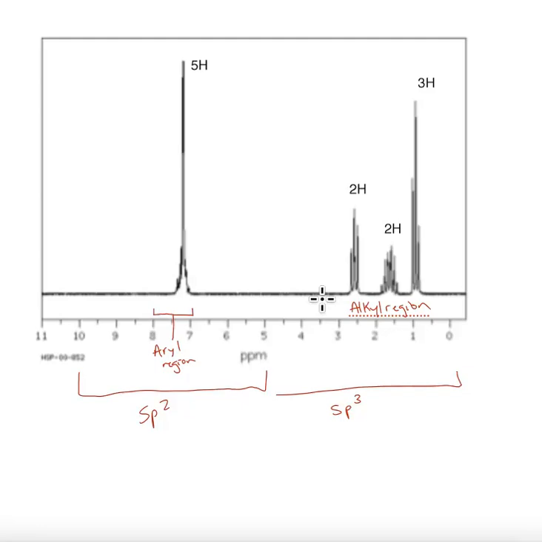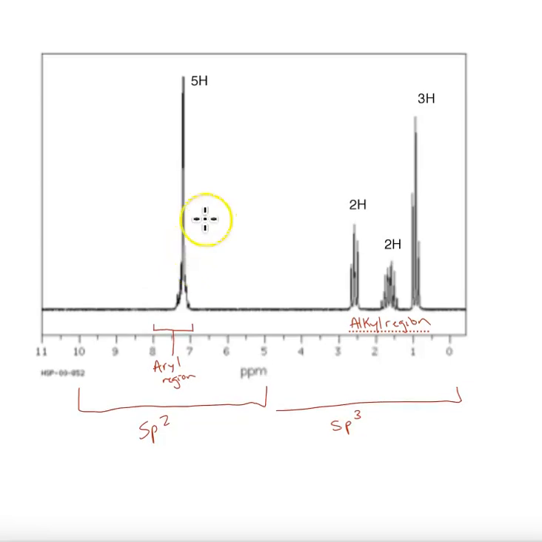Here we have our HNMR graph, and this tool gives us a window into the hydrogen atoms that are present and their neighbors. So this is similar to the CNMR in that it tells us about unique hydrogen atoms present. But HNMR tells us a little bit more information about hydrogens.